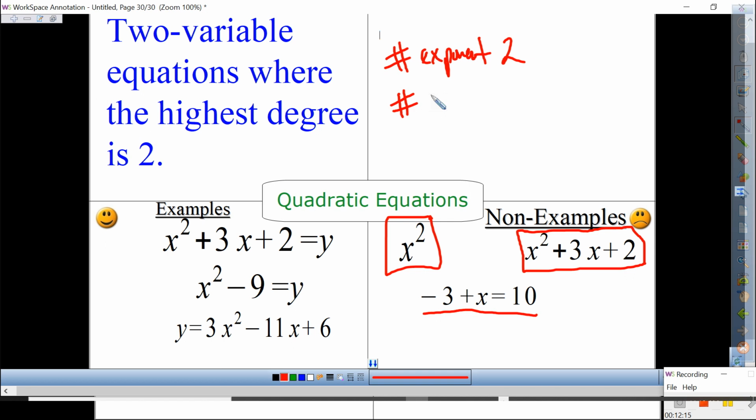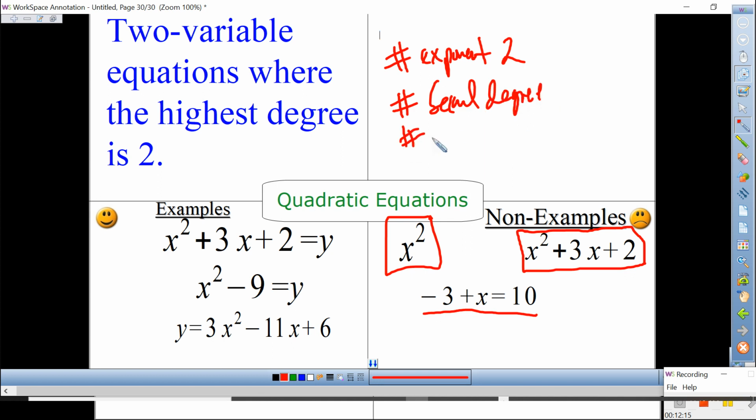What makes quadratic equations quadratic equations? Second degree, so exponent of 2. I'll write it. Second degree, okay. Hashtag equal sign, yes. And one more. Sandra. Not expressions, okay.